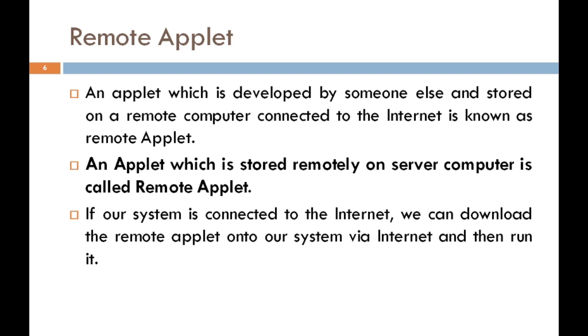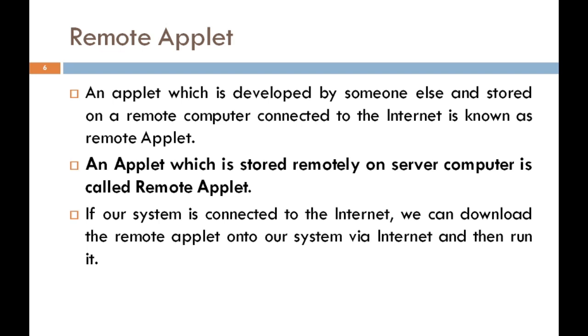In order to locate and load a remote applet, we must know the applet address on the web. And this address is known as a URL, Uniform Resource Locator, and must be specified in the applet's HTML document as the value of codebase attribute.